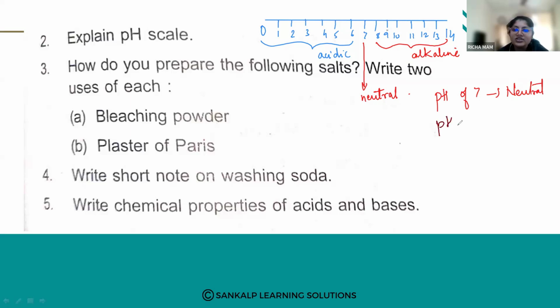If the pH is less than 7, it is acidic. If the pH is greater than 7, then it is basic. So like this, you have to explain about the pH scale. Understood? Okay, next question.